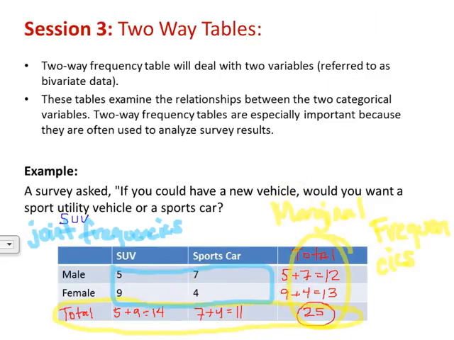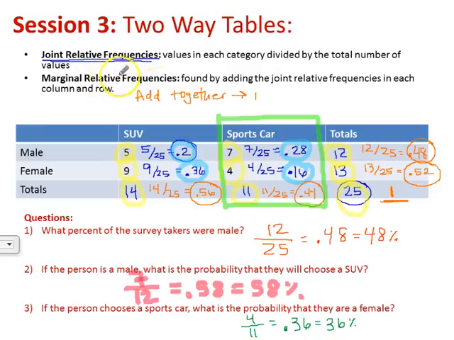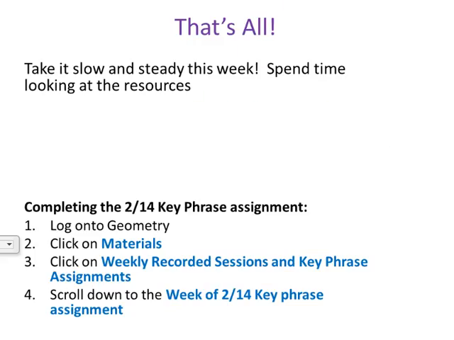Then we can find the marginal relative frequencies and the joint relative frequencies, where we're taking each value in each category and dividing it by the total number to get those decimal values. And if we add all of our marginal relative frequencies together, we should have a total of 1. And that's all.